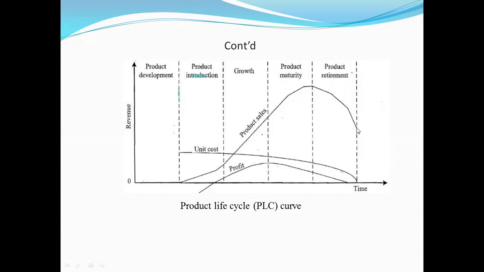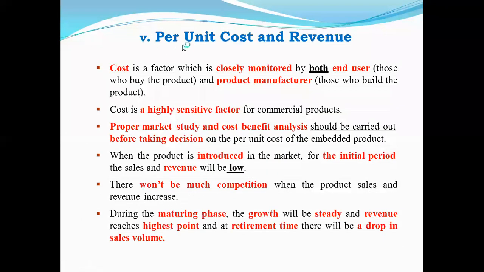That means there are more than n competitors in the market with the same model, and therefore their profit is also decreasing, and they have to reduce their unit cost. At this point, they have to change their product design or come up with some new technology, and then launch again. So this is one non-operational attribute which you have to think about, that is per unit cost and the revenue.